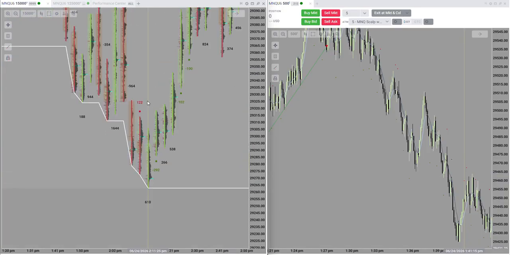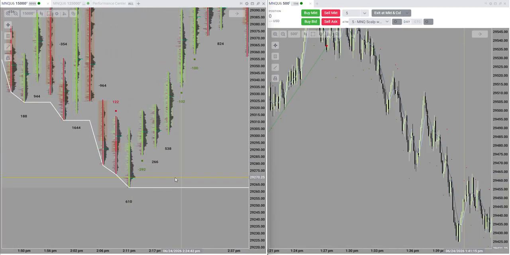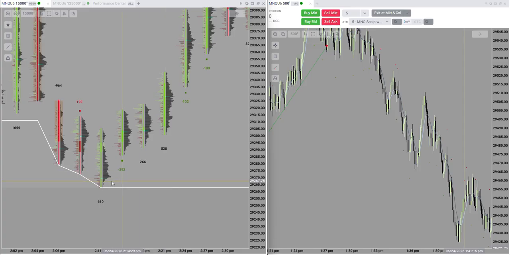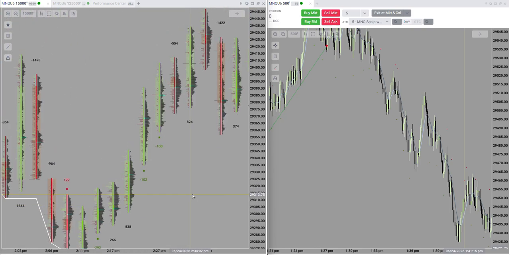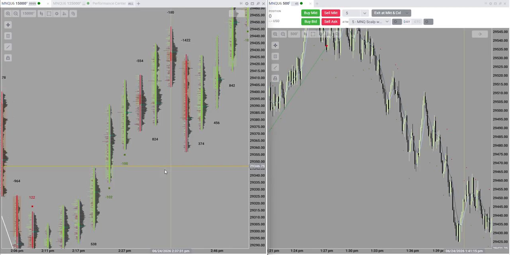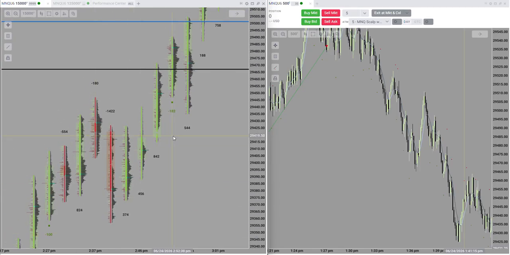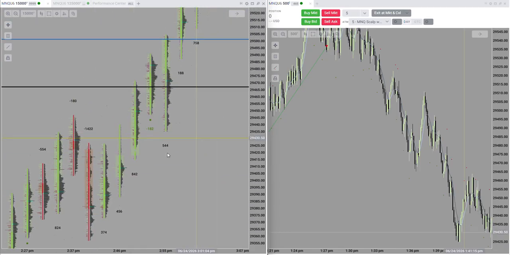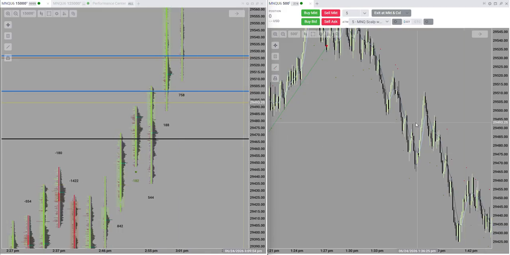New lows of the day, coming all the way down. Taper, little taper, whatever. I didn't trade this, so I can't really speak to it. So anyway, that was my trading for the day.